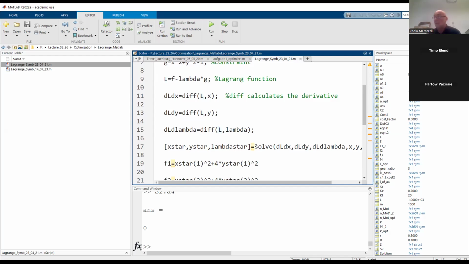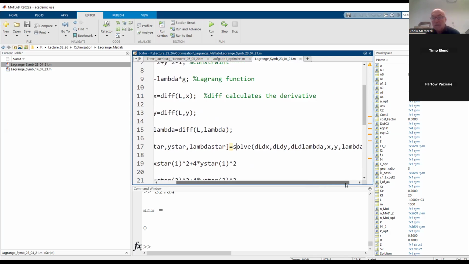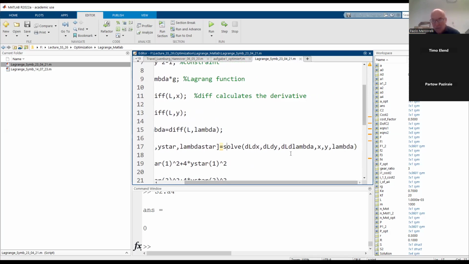If you want to go in depth on the function solve, please type help solve, and then we can see the possibilities this offers, but it's extremely easy to see. We have a function in which we consider the three variables, which must be put equal to 0, and I solve the problem with respect to x, y, and lambda.